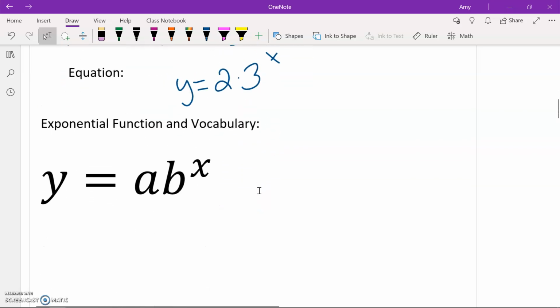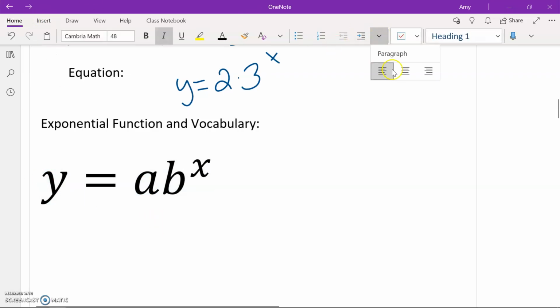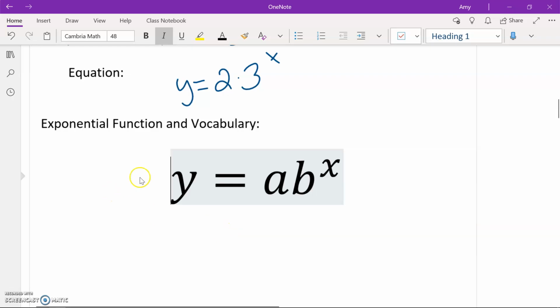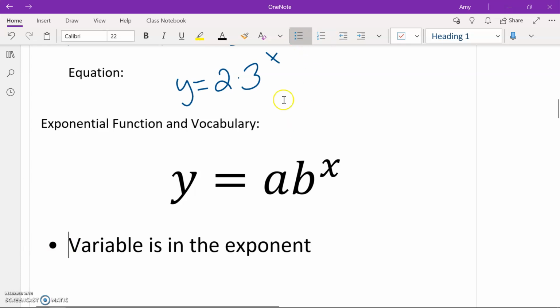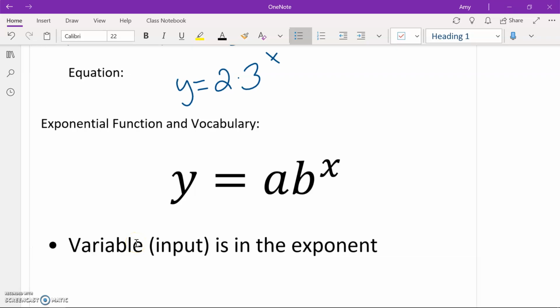So this is the general form of an exponential function: y equals a times b to the power of x. You notice that the variable is in the exponent. That is super, super key. Your variable x, your input, is in the exponent.